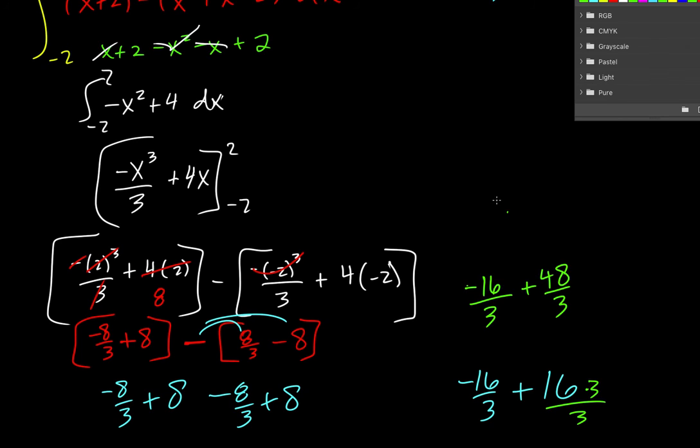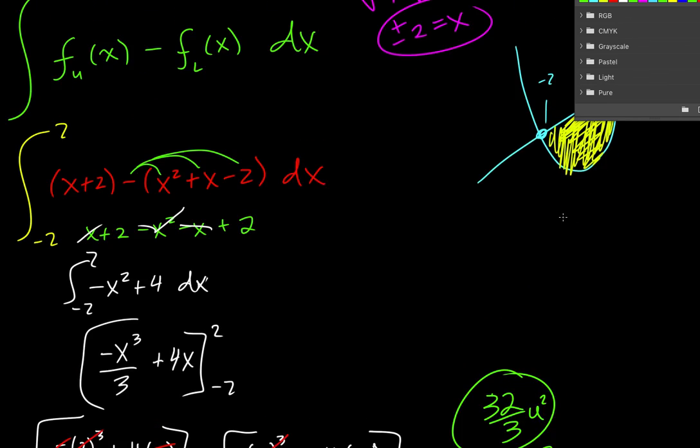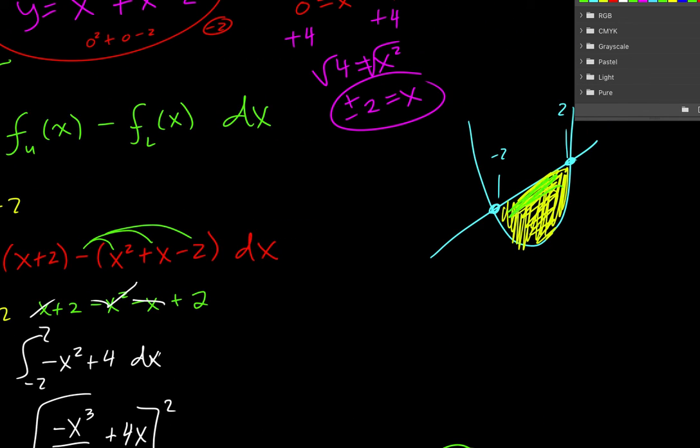So that gives us 32 thirds. And once again, that's an area, so that would be units squared. And it describes this region between the parabola and the line.